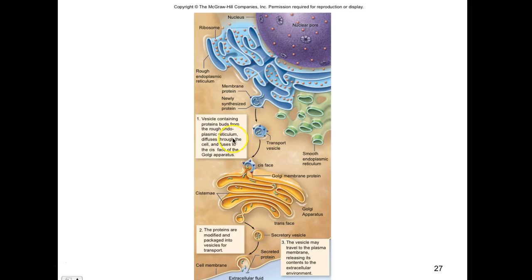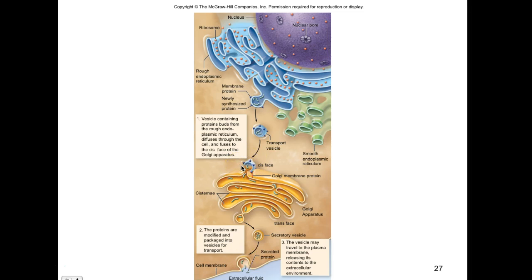So the vesicle containing proteins buds from the rough endoplasmic reticulum, and it's going to diffuse through the cell and fuse to the cis face of the Golgi apparatus. So the cis face is going to face the endoplasmic reticulum. The trans face is going to face away from the endoplasmic reticulum towards the cell membrane.